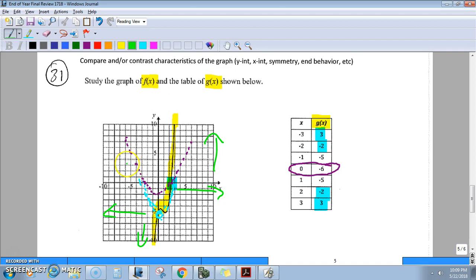And the end behavior for g of x, my blue parabola there, is that both sides of this parabola are going positive, right? That makes that an even function, and that makes the yellow function f of x an odd function. The odd function doesn't have symmetry.